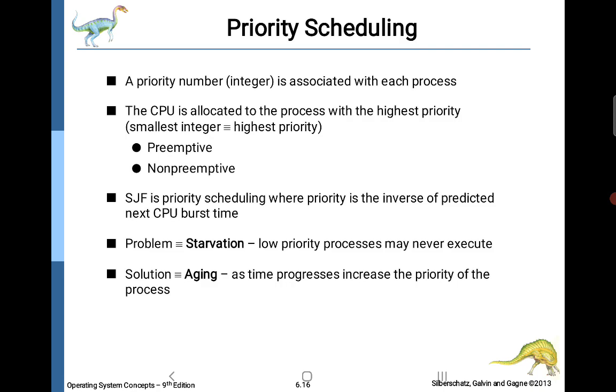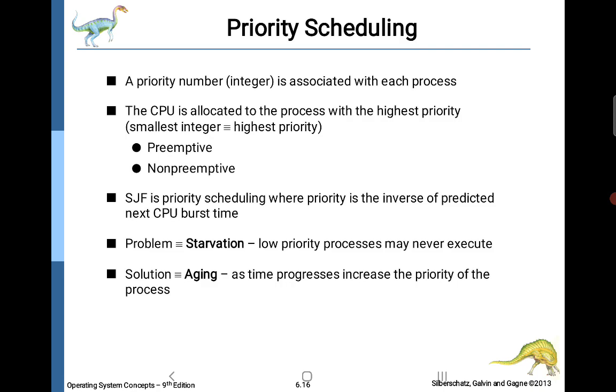So priority scheduling is one of the commonly used scheduling algorithms that is based on the priority of the process that is given to it by the operating system. There are two types of priority scheduling: preemptive and non-preemptive.